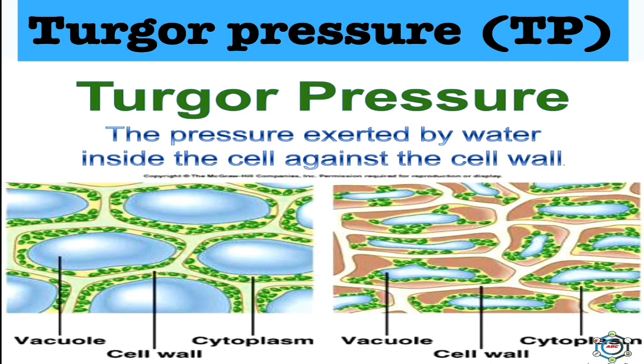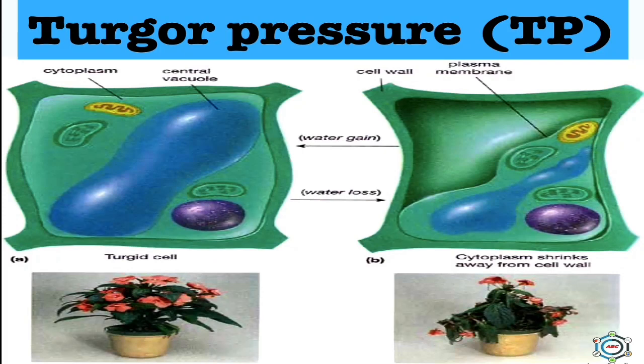This pressure is called wall pressure. At a given time, turgor pressure equals wall pressure. So, turgor pressure is always equal to wall pressure. Now, here you can see that in a flaccid cell the cytoplasm sinks away from the cell wall.